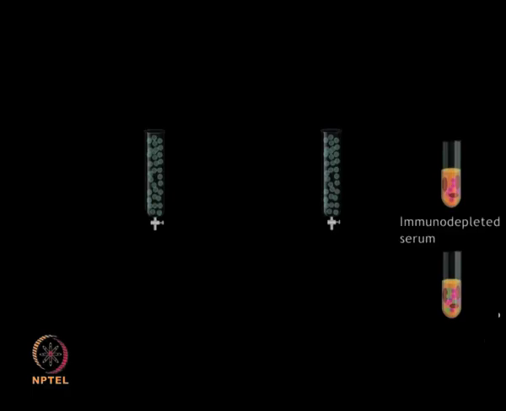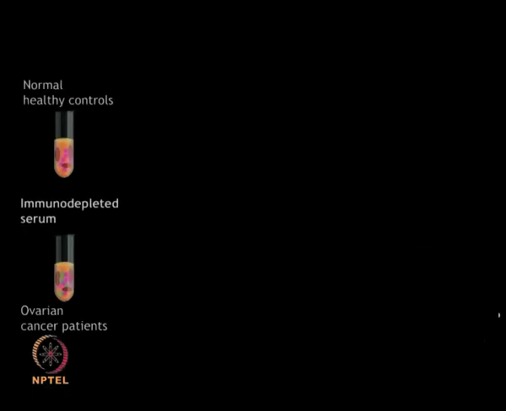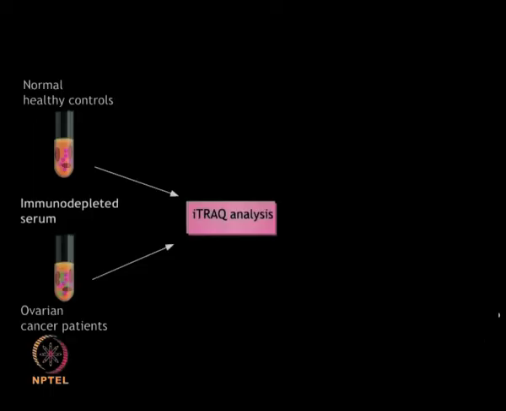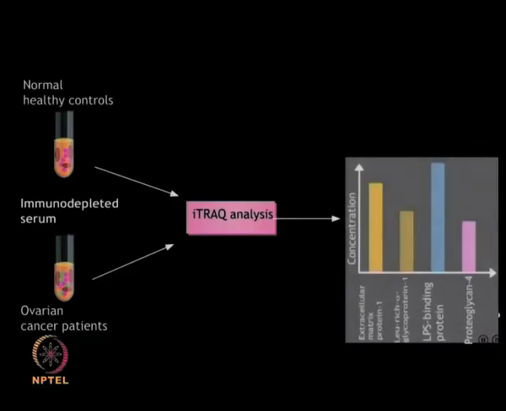This step helped in removing the high abundance proteins, leaving behind only the medium and low abundance proteins for iTRAQ analysis. The immunodepleted serum samples were then labeled with iTRAQ reagents and further analyzed in MS/MS.